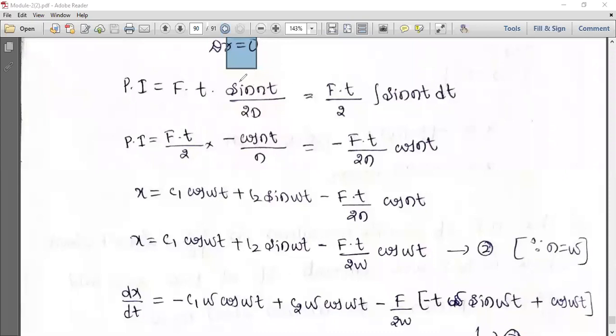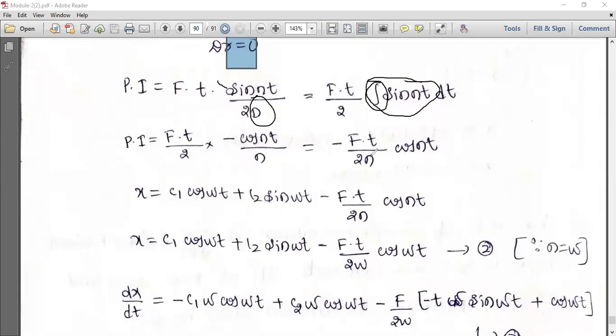So here sine of nt, t is multiplied, numerator as it is, derivative of the denominator D square is 2D. So f into t divided by 2D, and I told you that always this is 1 by D. 1 by D corresponds to integration of sine of nt dt. So f into t divided by 2, and the integration of sine is minus cos of nt divided by n.